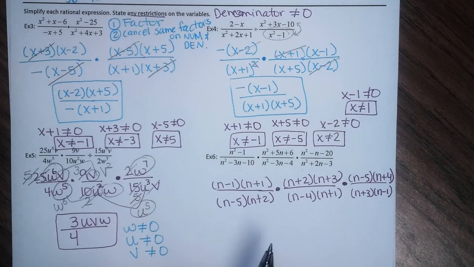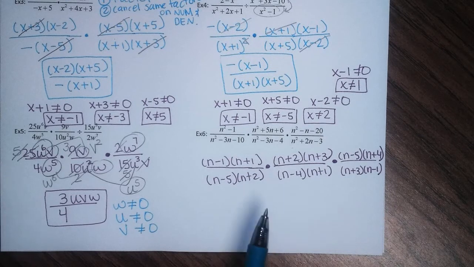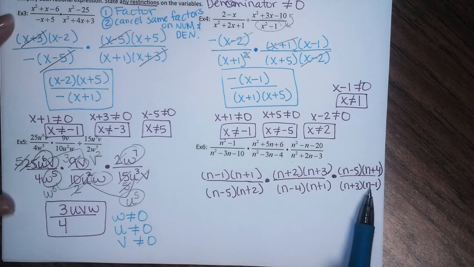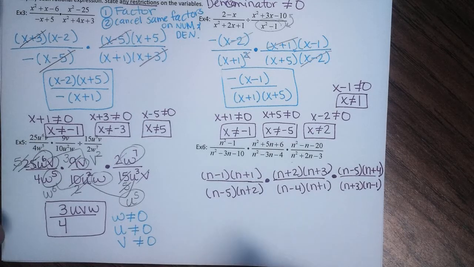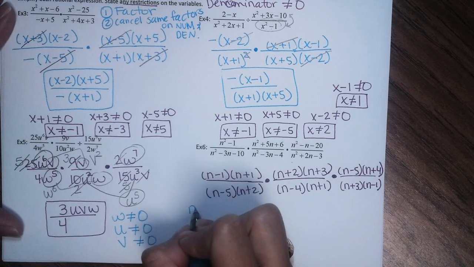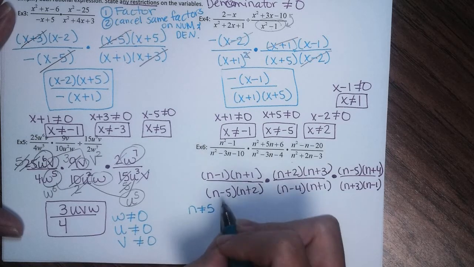Let me list all the restrictions before I start canceling, because if not, I forget. So remember, for your restrictions, any of those denominator factors cannot equal 0. So let me just start listing my restrictions here. n cannot equal a positive 5.